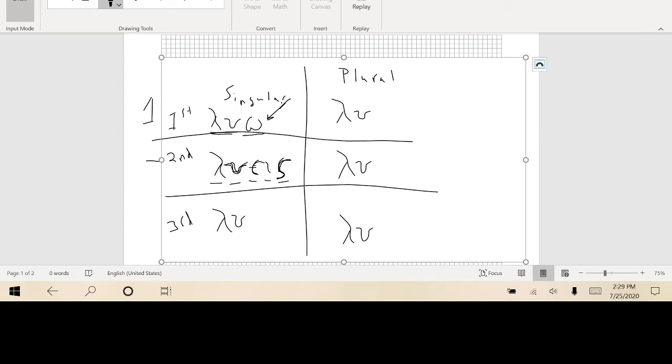So same thing in Greek. You've got lu, a, s. Okay, lues. You loose. You loose, because it's second person in the singular, right?